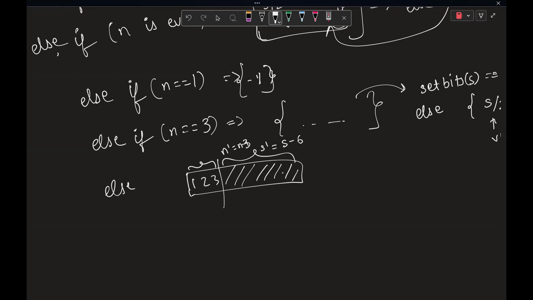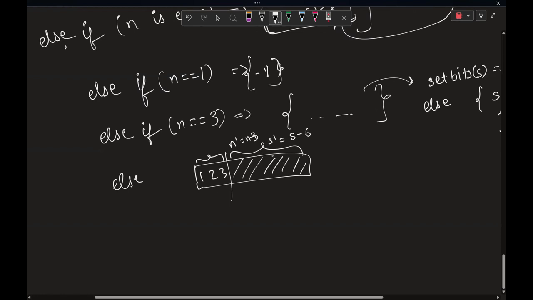So this is also doable. And in case we can't solve it, like if s' is less than n', then the answer is no, -1. Else the answer comes up here.